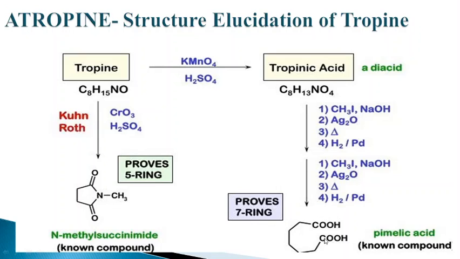On reduction, it finally forms pimelic acid, which is a 7-membered structure. This means that tropine contains a 7- and a 5-membered ring. And as you can see from the molecular formula, there is only one nitrogen atom. This means this N-methyl group is common to both rings.